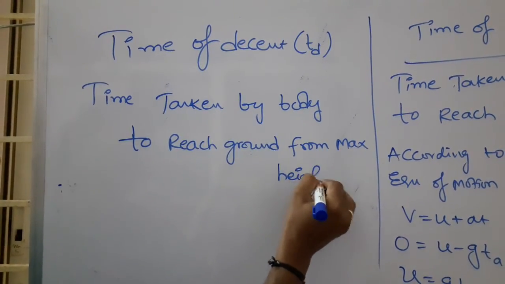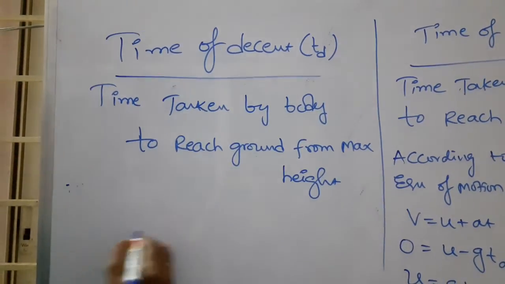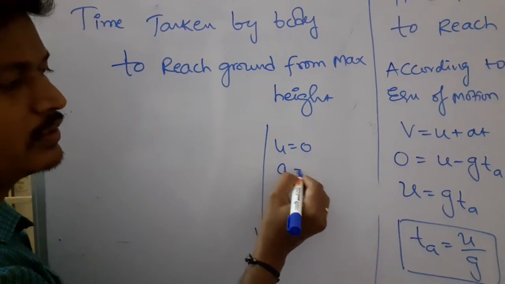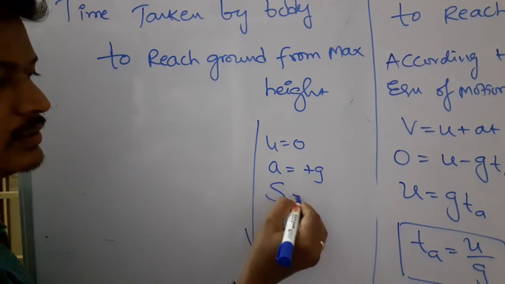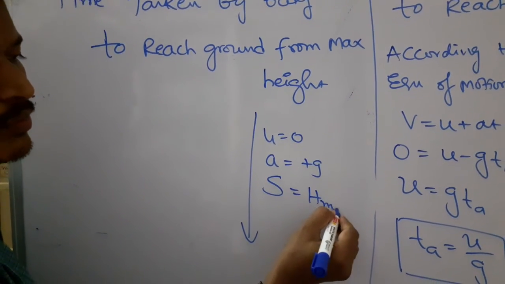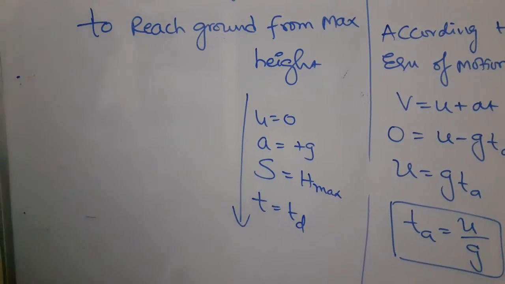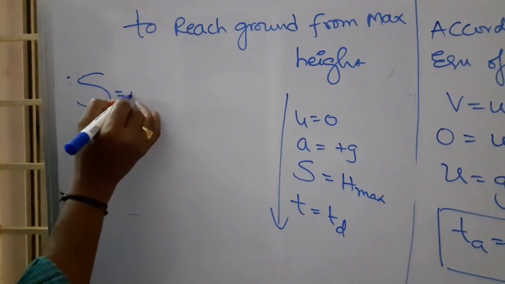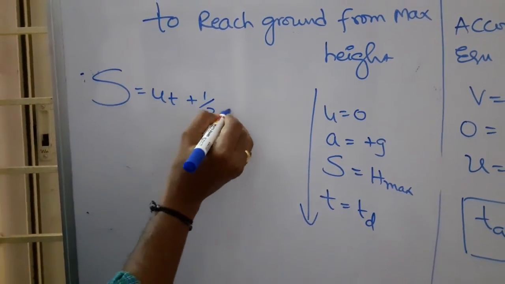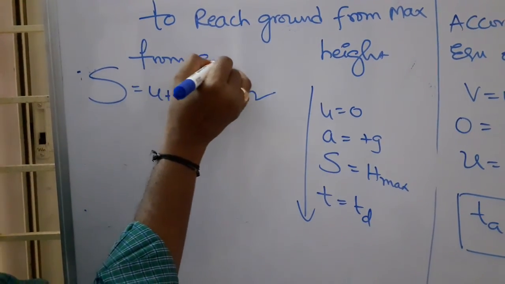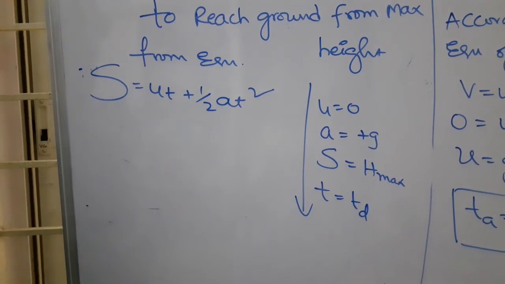Okay, so it is called time of descent. Conditions: u is 0, a is equal to plus g, s is equal to height, maximum height, time taken to reach the ground is td. So this is equal to ut plus half at square from the equation of motion.